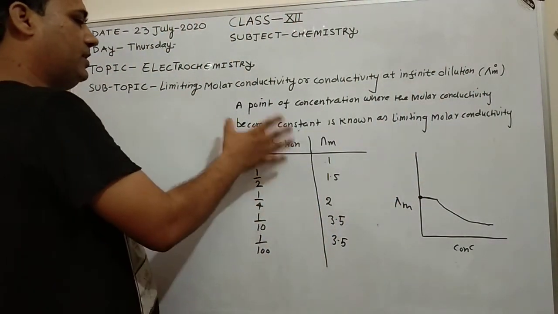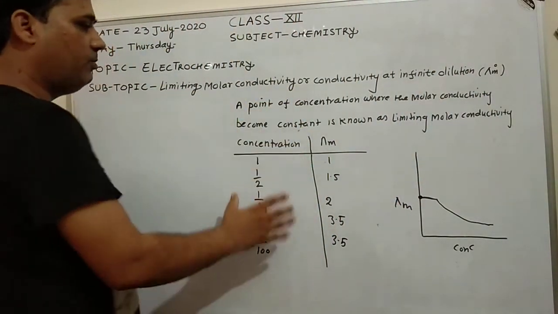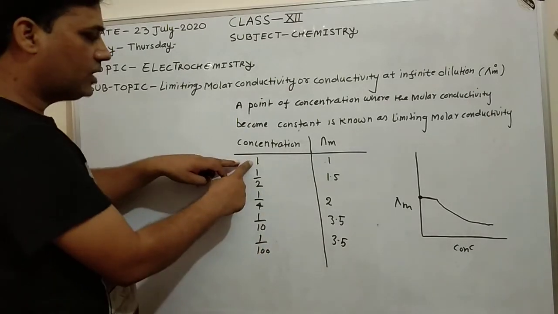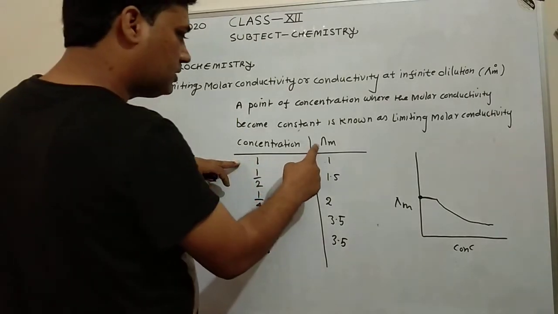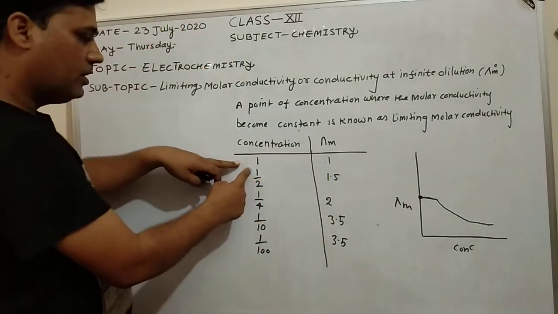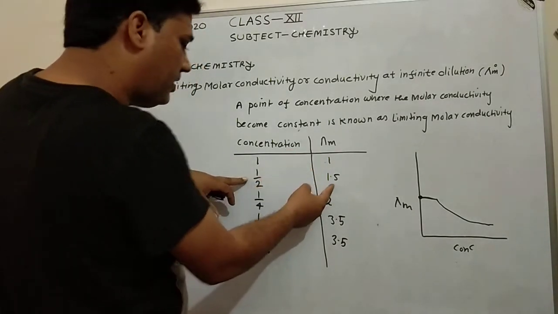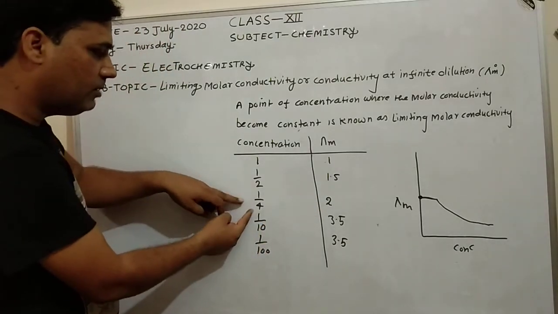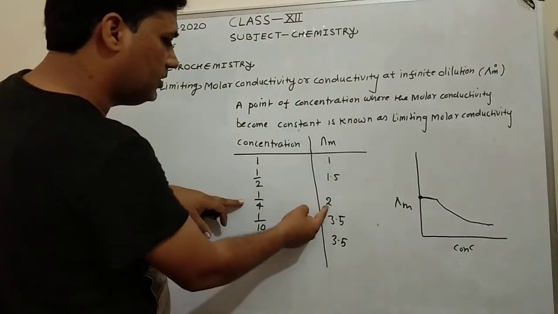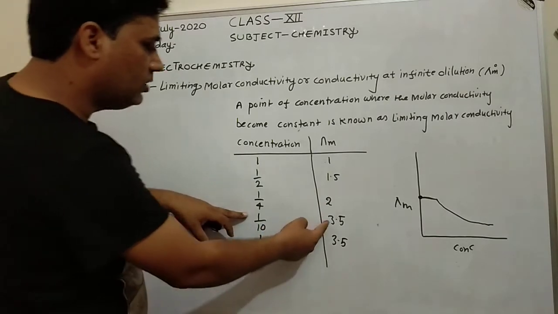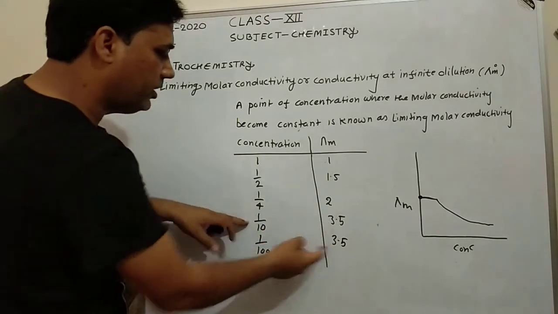We can easily understand with the help of the following points. If concentration of electrolytic solution is 1, its molar conductivity is 1. If concentration becomes 1 by 2, its molar conductivity is 1.5. If concentration becomes 1 by 4, molar conductivity becomes 2. 1 by 10, 3.5. 1 by 100, 3.5.